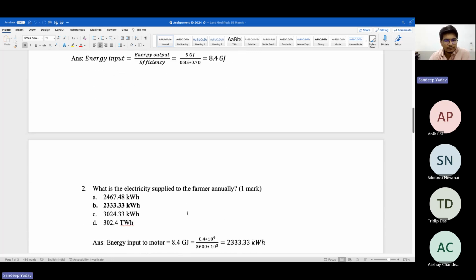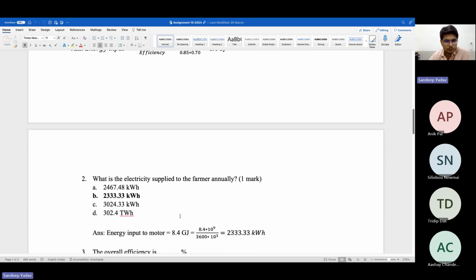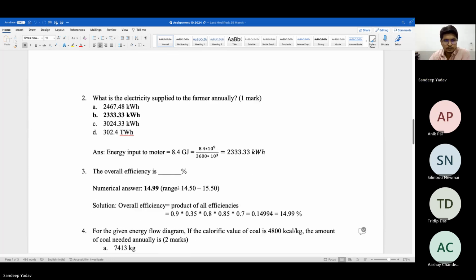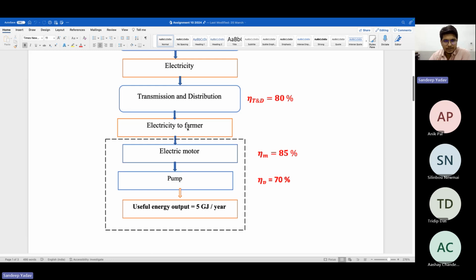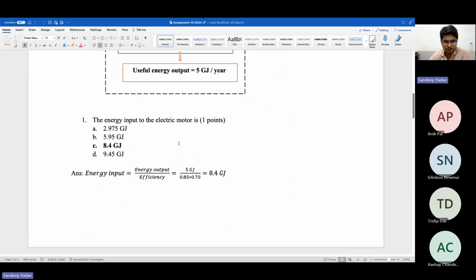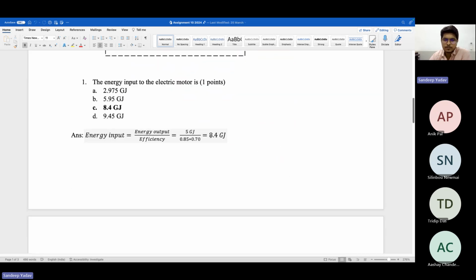We know 8.4 gigajoule input is given to the motor, and we know the output for the farmer that we have just calculated, 8.4.